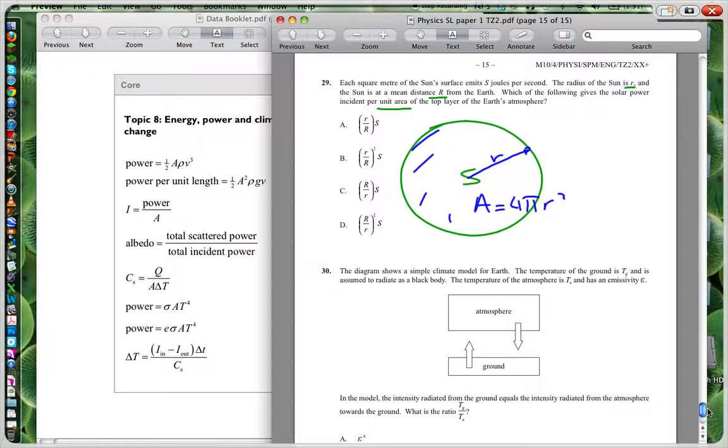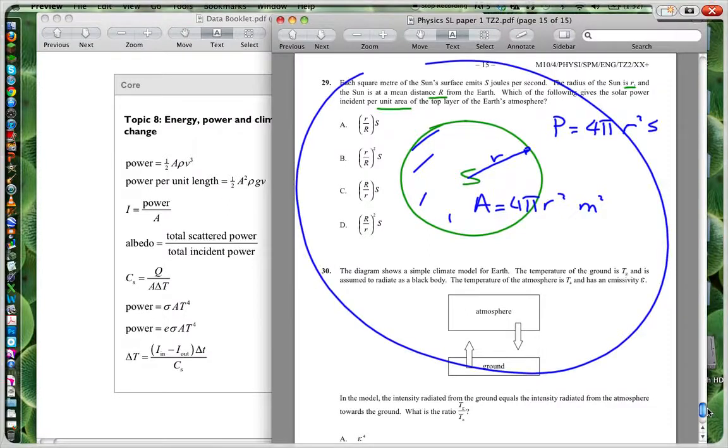So the power that's going to be emitted therefore will be 4 pi r squared S, because this area is in meters squared, and this is S joules for every meter squared. So that will give you the total power. Now, I've drawn the sun very big, but anyway, just imagine here you've got the earth, and that's a certain distance big R away. Now that's also a gigantic sphere. All that energy is going to be spread over that sphere.